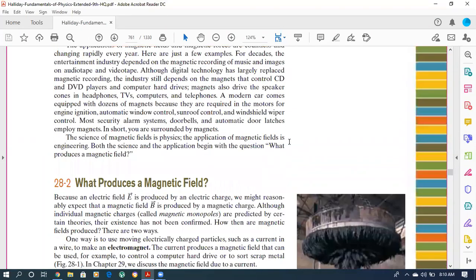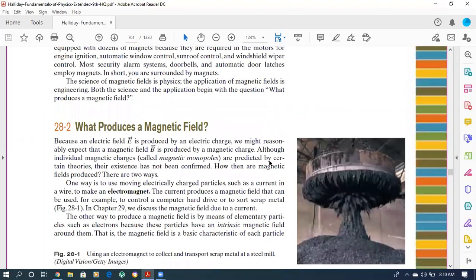So first of all, what happens to the material when it's magnetized? Although it is a long discussion and may not be covered completely in this chapter, or rather this book.